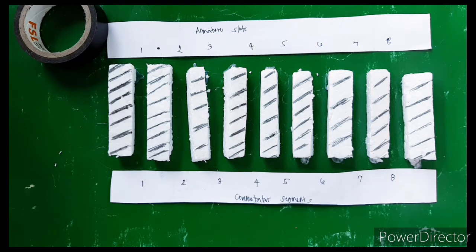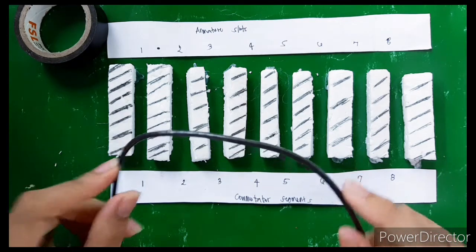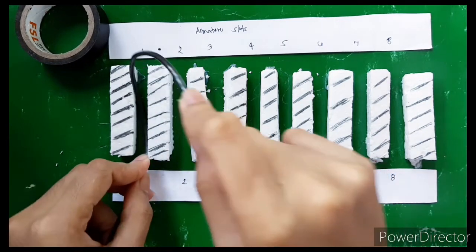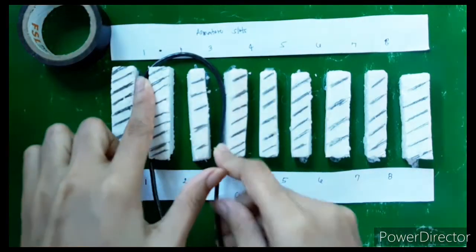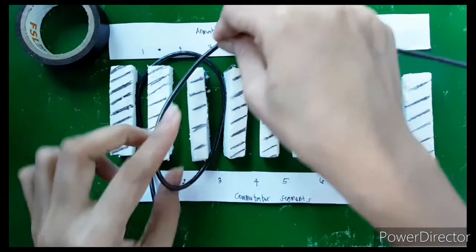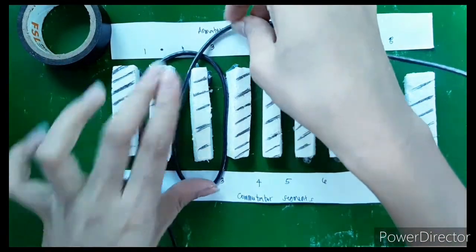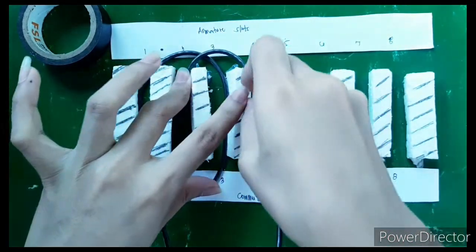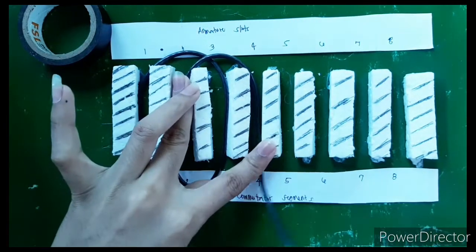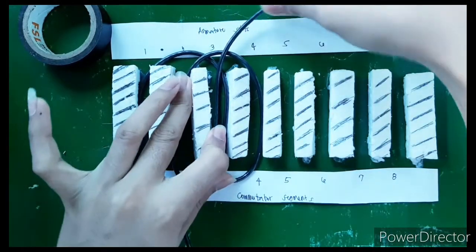So what is progressive lap winding? It is called progressive lap winding because the direction of the turn is in the right direction, or a clockwise direction. So for example, this one. This is our first turn and our second turn.